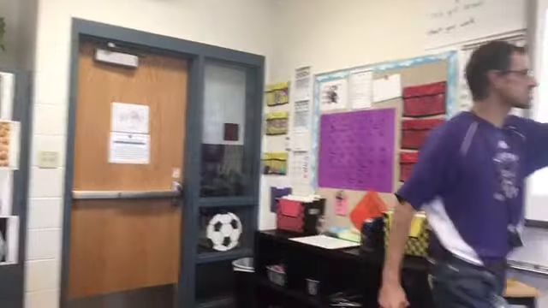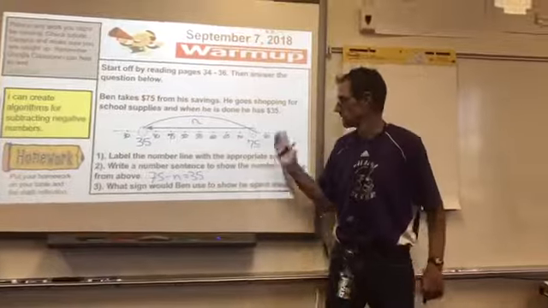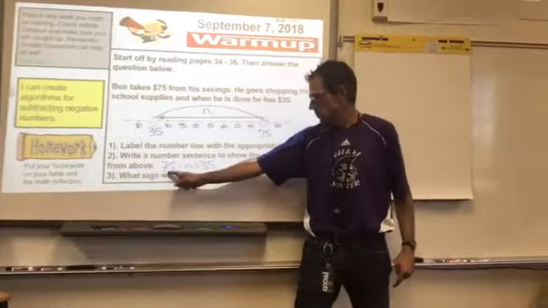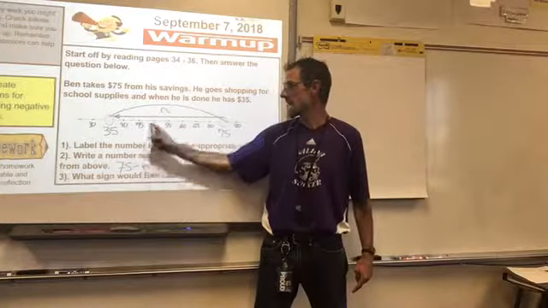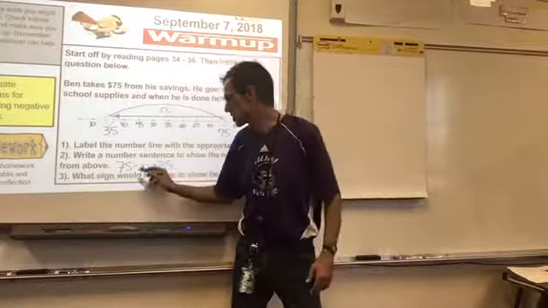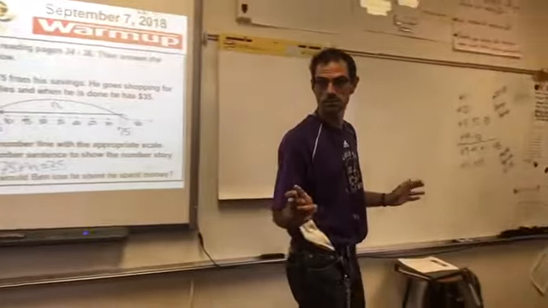I know this is where I started. I had $75, or Ben did. Ben went shopping, bought school supplies, he ended with 35. Where I start, where I end, minusing the n is, we don't know, right? Now, this could be adding negative n as well.